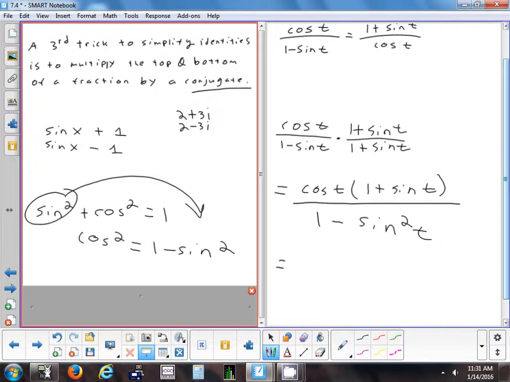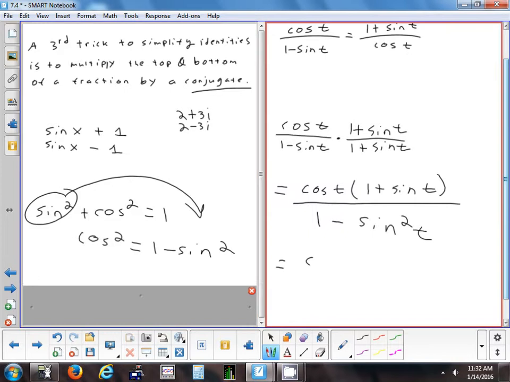So sometimes you can take a Pythagorean identity and just move something to the other side. It's the same identity, rearranged. Keenan, what did you say 1 minus sine squared becomes? 1 minus sine squared t becomes cosine squared of t. Okay, so the bottom becomes cosine squared t.